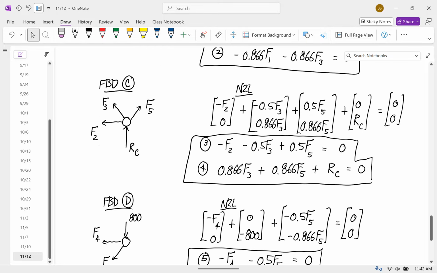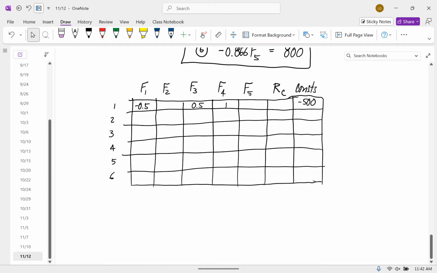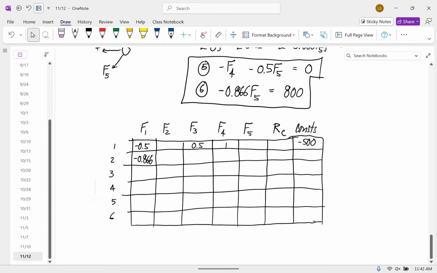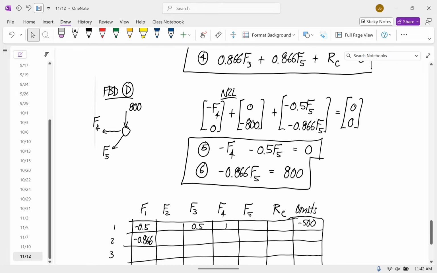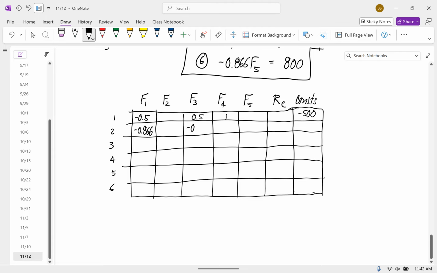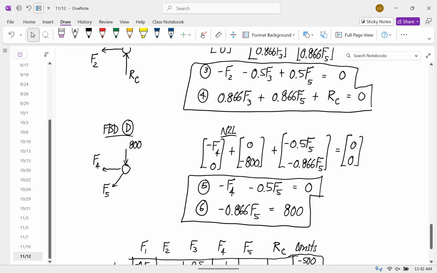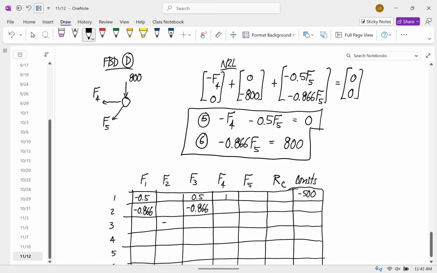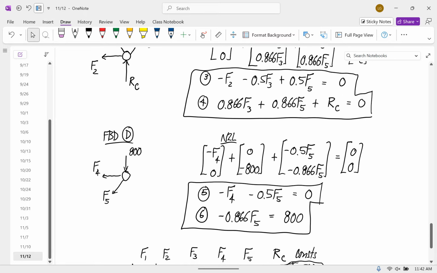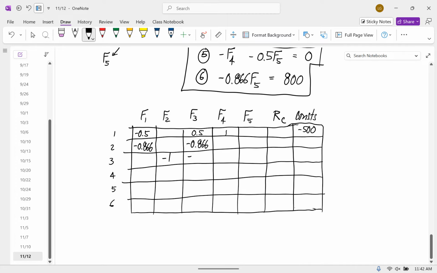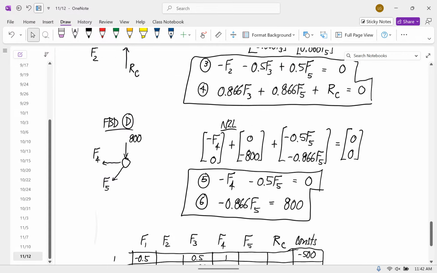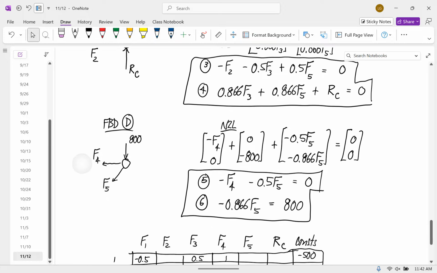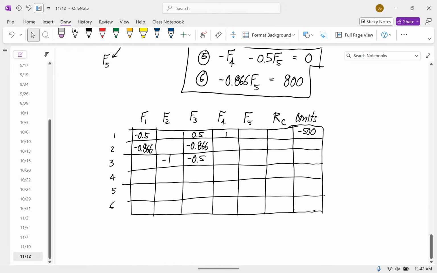Equation 2. F1 is negative 0.866. F3 is negative 0.866. Equation 3, F2 is negative 1. F3 is negative 0.5. F5 is 0.5.